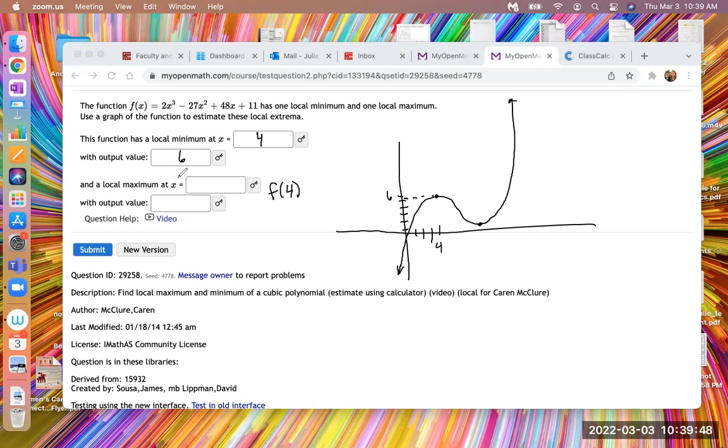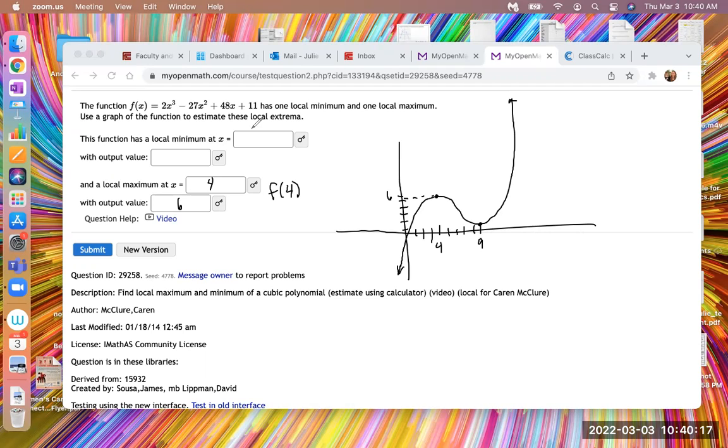Actually, I mixed it up. These should be down here for the local maximum, if this was my picture. So the local max would be x equals 4 and output 6. The local min, because it's a minimum, would happen here. I would say 5, 6, 7, 8, about 9.